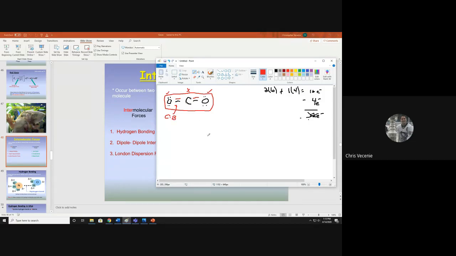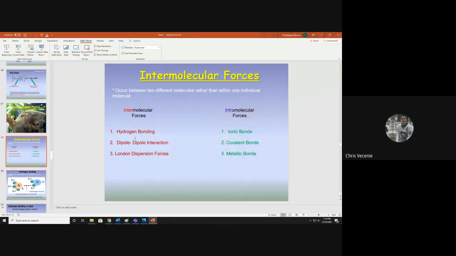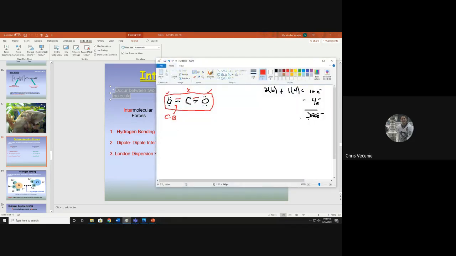But intermolecular forces, the kind you see over here, hydrogen bonding, dipole-dipole, and London dispersion, all occur between two different molecules. So if I wanted to draw an IMF in a covalent substance, I'd have to draw a second molecule to do that. So I'd have to bring in another carbon dioxide molecule, and it's going to look the same.